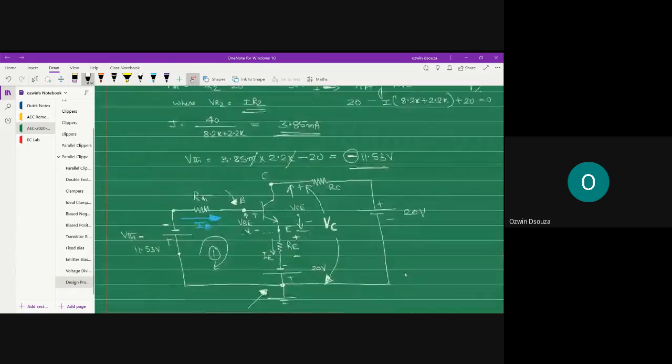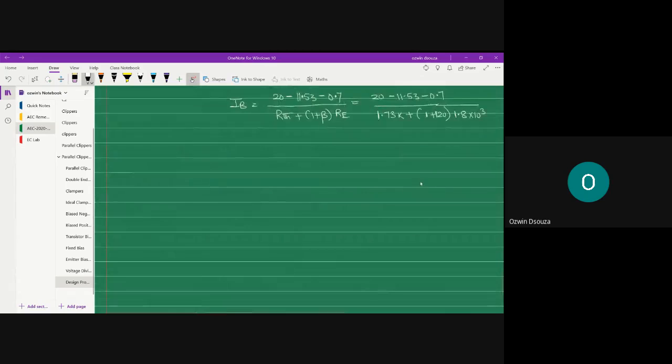Let's see how much we'll get the base current value as. So base current IB is equal to the numerator, you have 7.77.